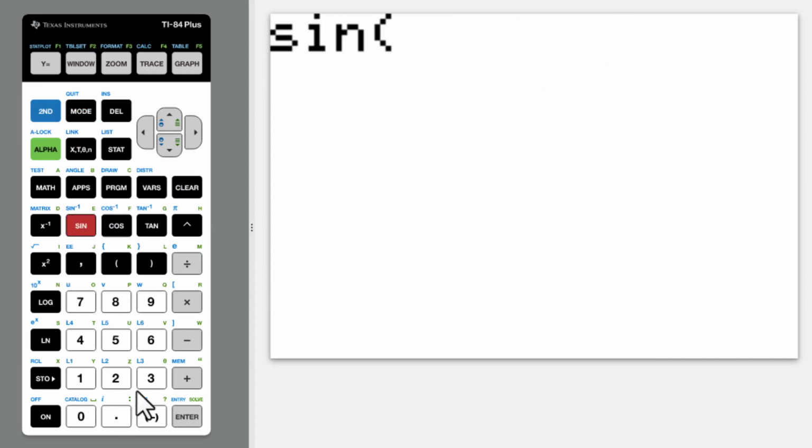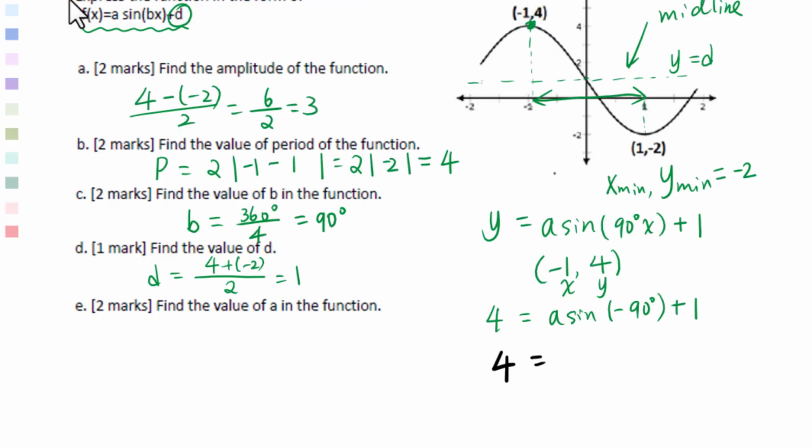Then sine -90 degree equals -1. 4 equals a times -1 plus 1. Minus 1 both sides. 3 equals -a. A equals -3. So we get a equals -3.